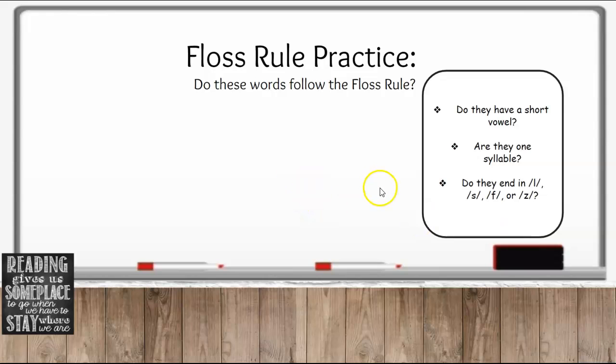So here we go. Let's do some practice. I have my first word. It says, do they have a short vowel? Well, I recognize the i, and short i says i, so I've got ch, i, l, chill. Are they one syllable? Chill. Yep. Do you hear the l sound? Yes.